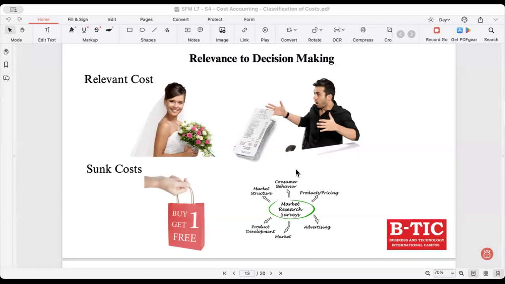I can give you, okay, again, I'll explain. Relevant cost is a cost that will be directly affected by a specific decision of the organization, right? Let's say you have two suppliers. You're planning to choose one supplier to supply raw materials, and the company has to decide between the two suppliers.